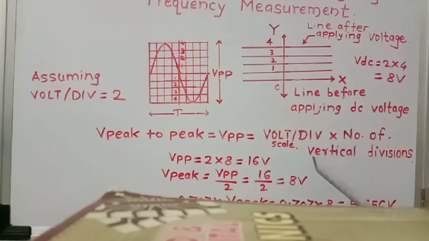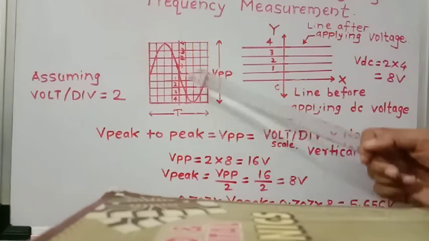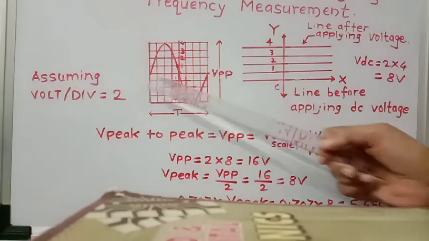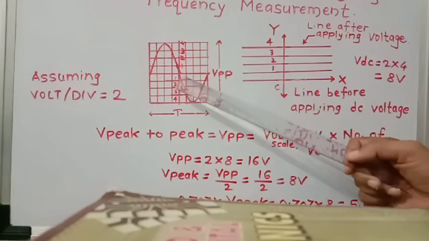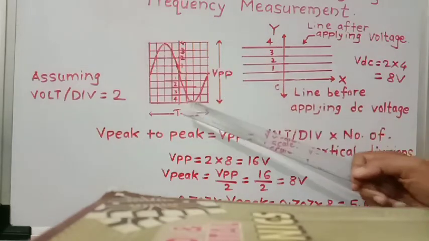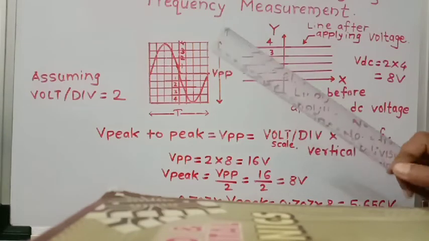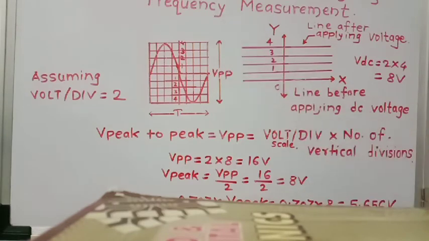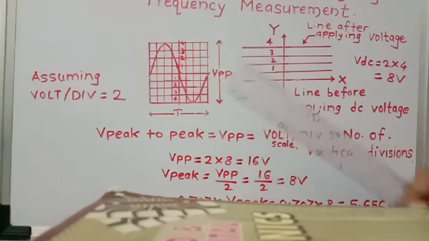Then the time per division knob is properly adjusted such that 1 or 2 waves are obtained on the CRT screen, and the waveform should be stable or steady. Then we measure the horizontal divisions.